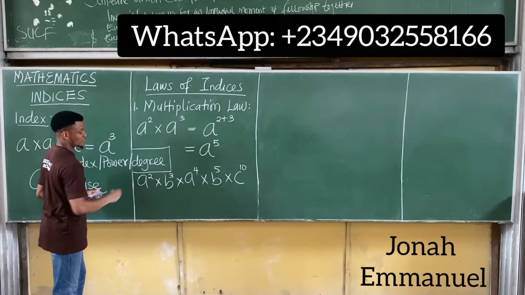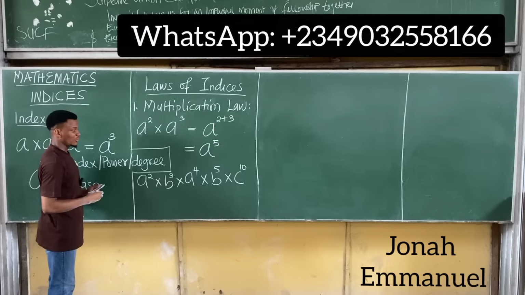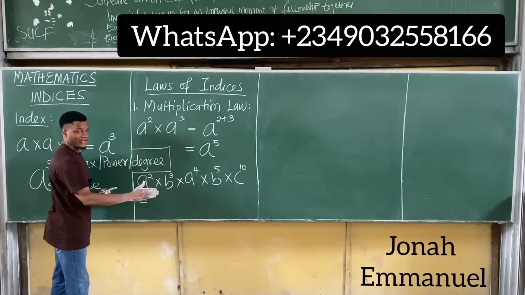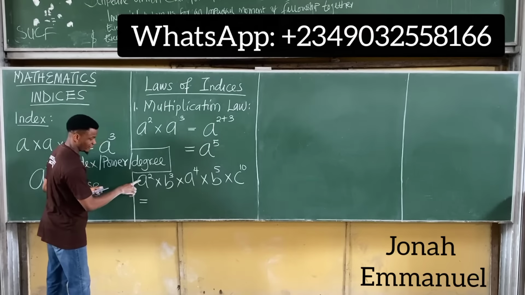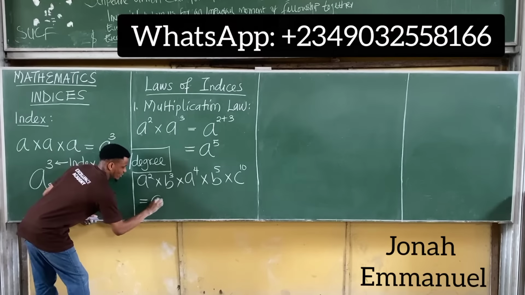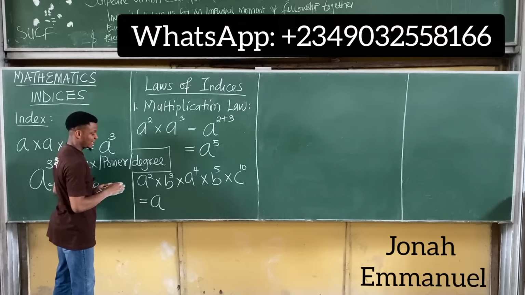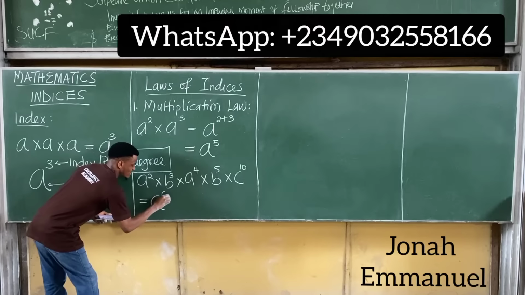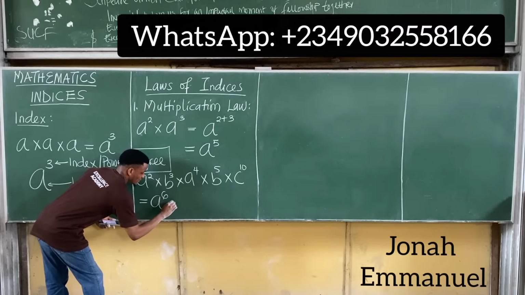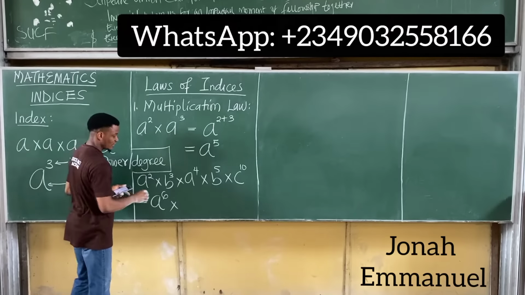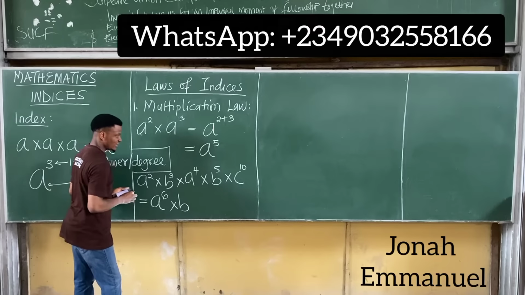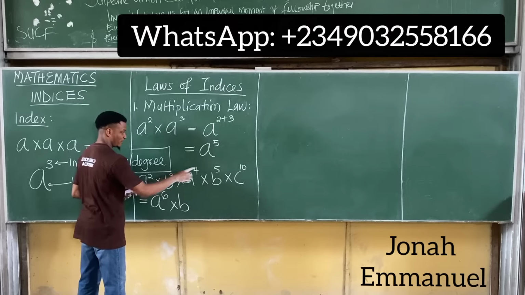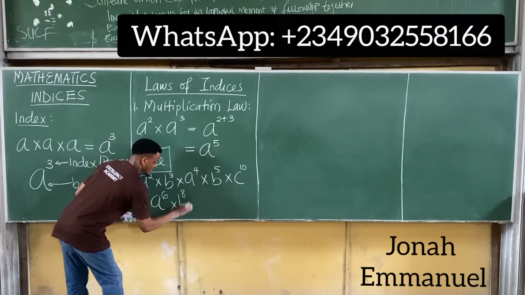Let's do this one using the multiplication law. For A, I see A twice, and we said sum the powers. The powers are 2 and 4, and 2 plus 4 gives you 6. For B, the powers are 3 and 5, so 3 plus 5 gives you 8.